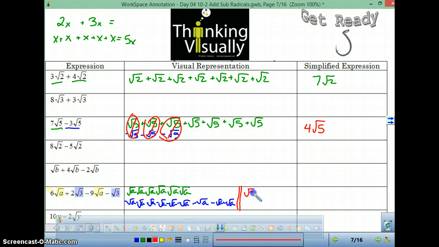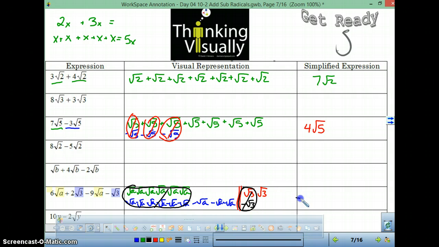We've got root 3 plus another root 3, right? And now we're going to take away, let's do black for negative. We're going to take away a root 3. Okay? Here's 1 0 pair there. These are 6 0 pairs here. Answer.